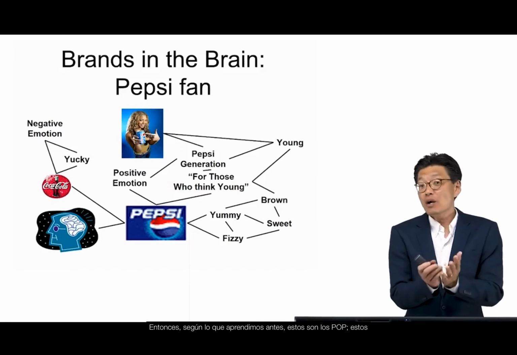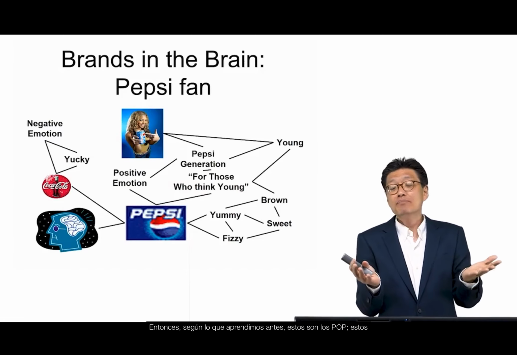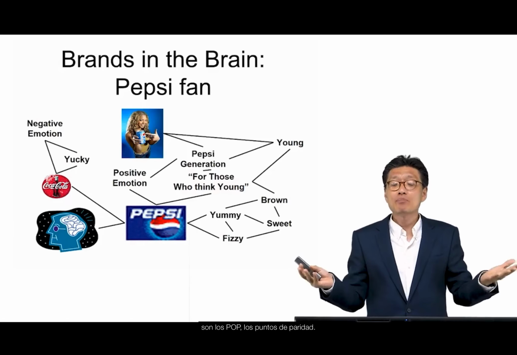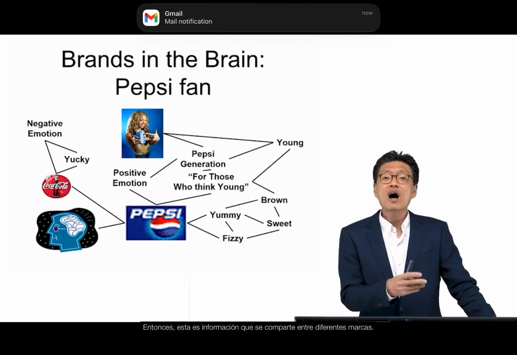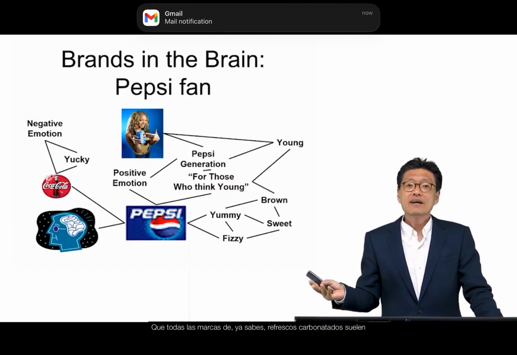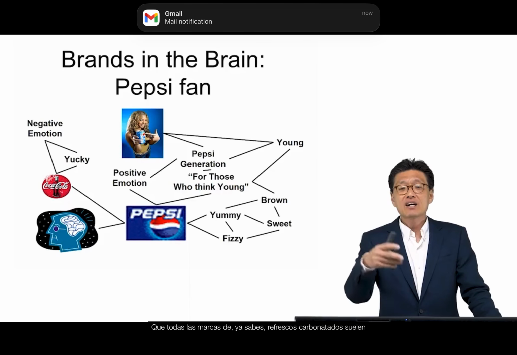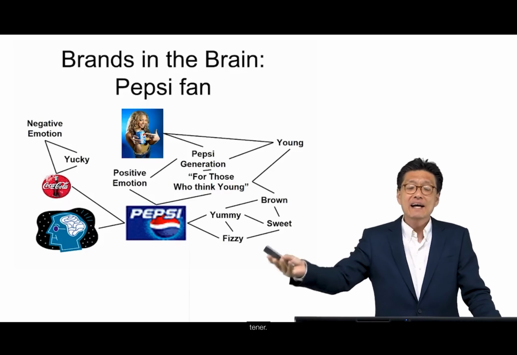So based on what we learned before, these are like the POPs, right? Points of parity. So this is information that's shared across different brands, that every brand in the carbonated soft drink category typically has.